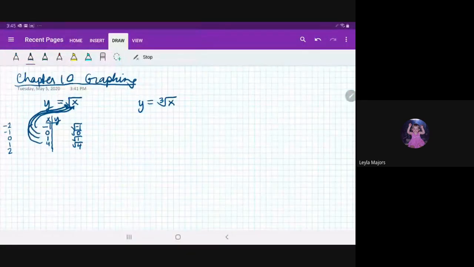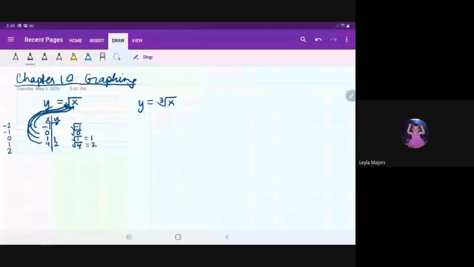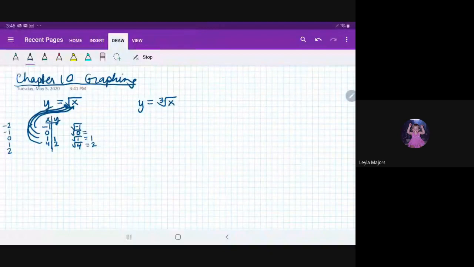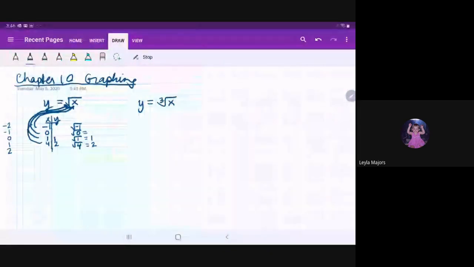You can either type it or say it. 2, perfect. Okay, so 2 is right here. And the square root of 1 is what? 1. Okay, so 1. So what's the square root of 0? 0.